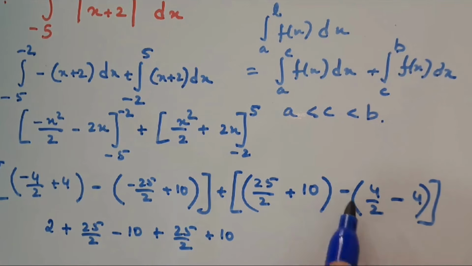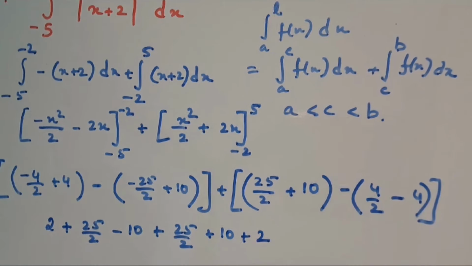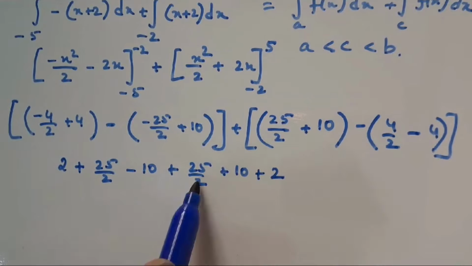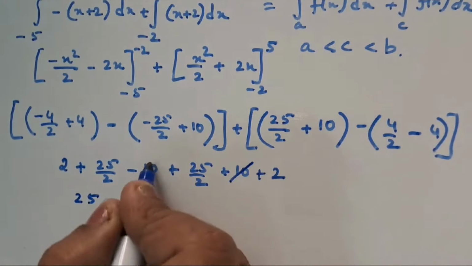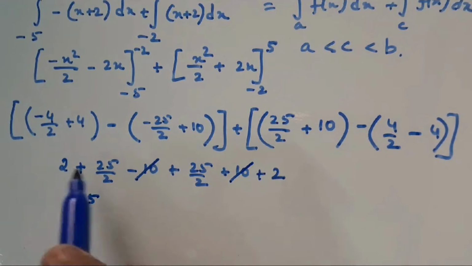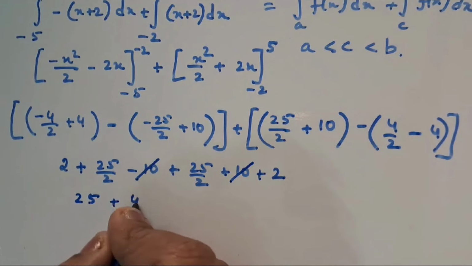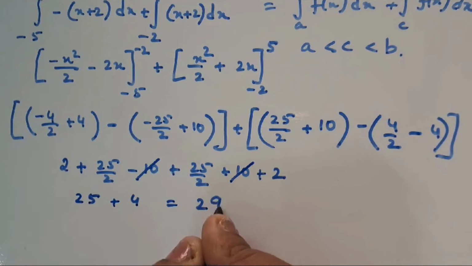So minus of minus it becomes plus 2. So 25 by 2 plus 25 by 2 is your 25, and minus 10 and plus 10 gets cancelled, and 2 plus 2 is 4. So that gives you the value 29.